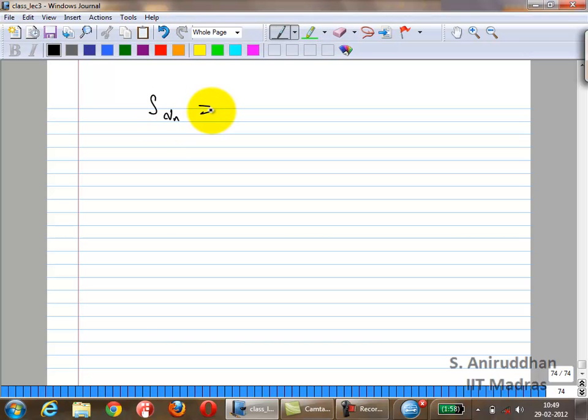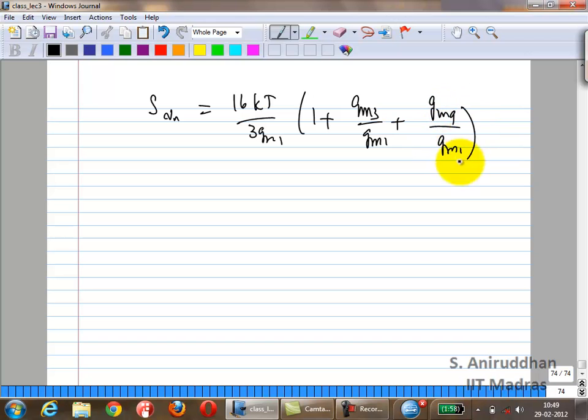If you look at the input referred noise, this is what we did earlier, so nothing new about it. What do we have next? Offset.